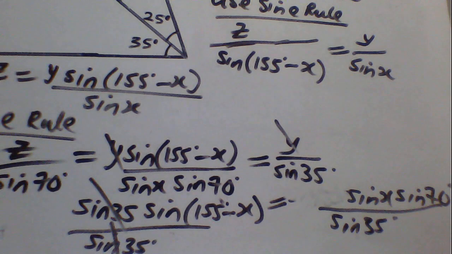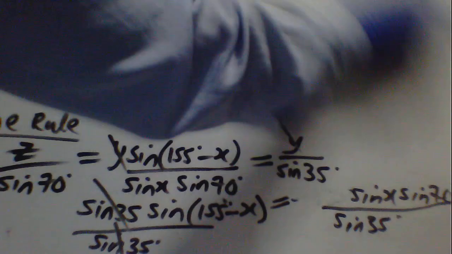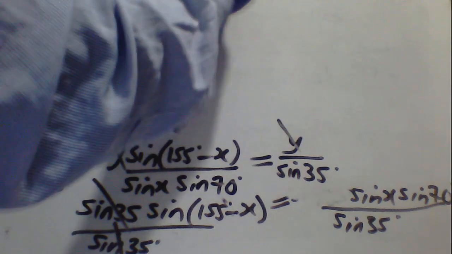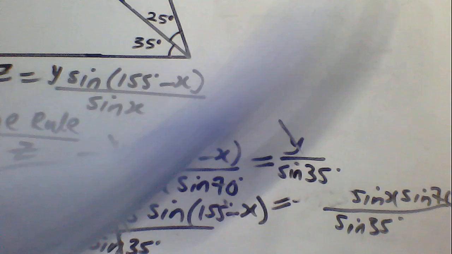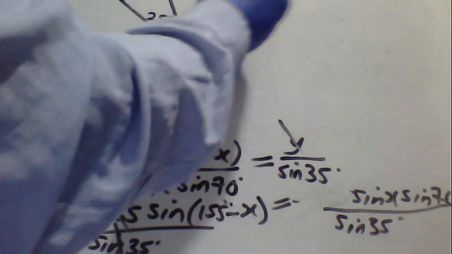Once we have done that, let's bring it up. We have sine 155 minus x is equal to sine x sine 70 divided by sine 35.